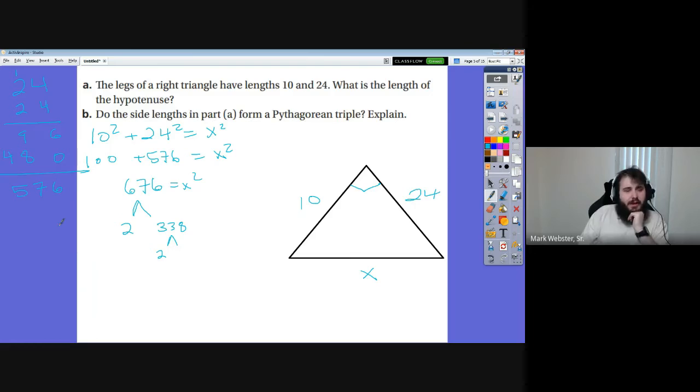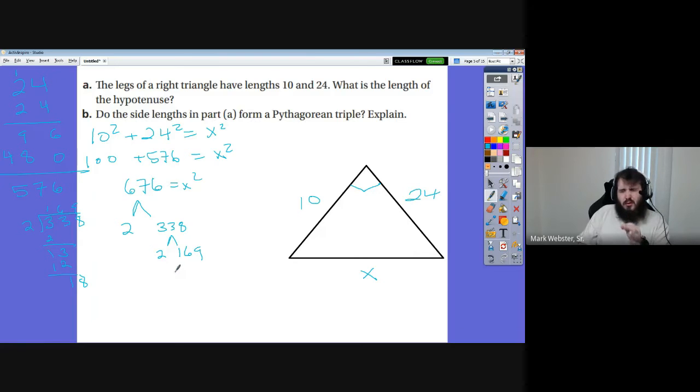Half of 338. My brain's getting tired trying to do this in my head. 2 goes into 3 once. 2 goes into 13 6 times. And we have 169.